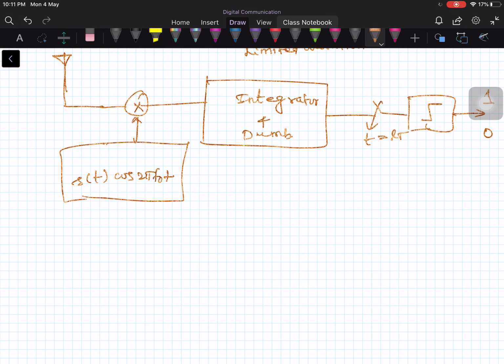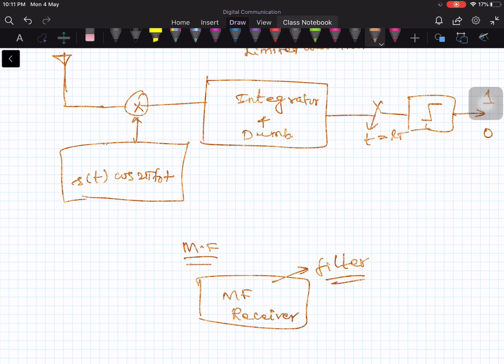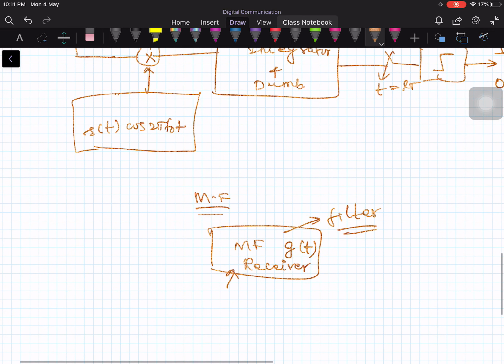Just to recall from your matched filter receivers, when I say matched filter receiver, this is actually a filter. When I say a filter with impulse response, let's say g of t, it is essentially a tuned filter. You are tuning this filter to a particular frequency f naught. When I say pass band pulse, this matched filter is tuned to the frequency f naught with a certain transfer function.